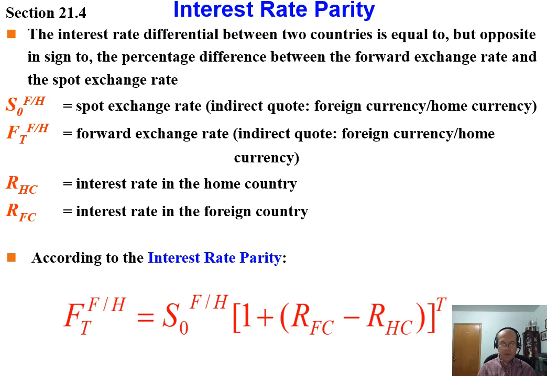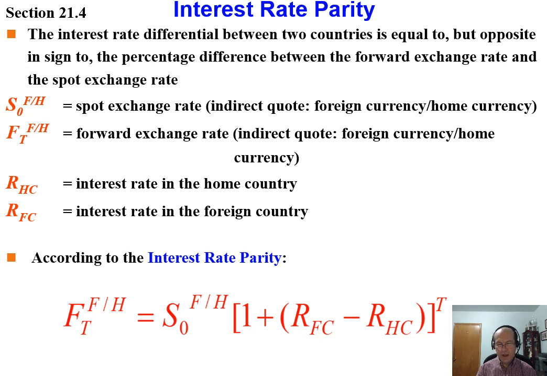So if we look at this formula, what can we see? If a foreign country has a higher interest rate, the forward rate will be higher. What does it mean? It will take more units of foreign currency to buy 1 unit of home currency. In other words, foreign currency will be sold at a discount in the forward market.